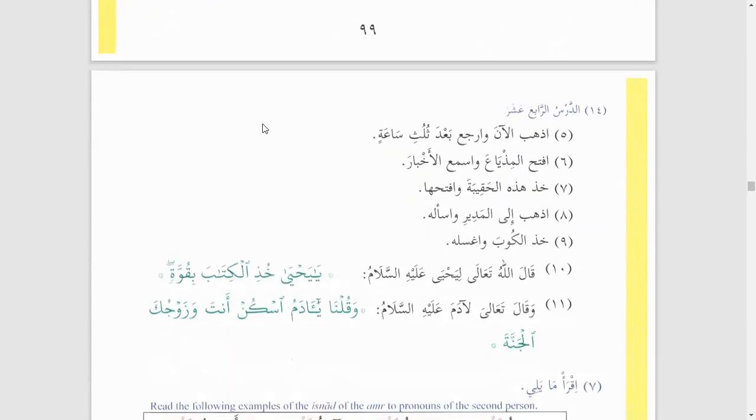Okay, number 5. اذهب الآن وارجع بعد ثلث ساعة. Okay, excellent.